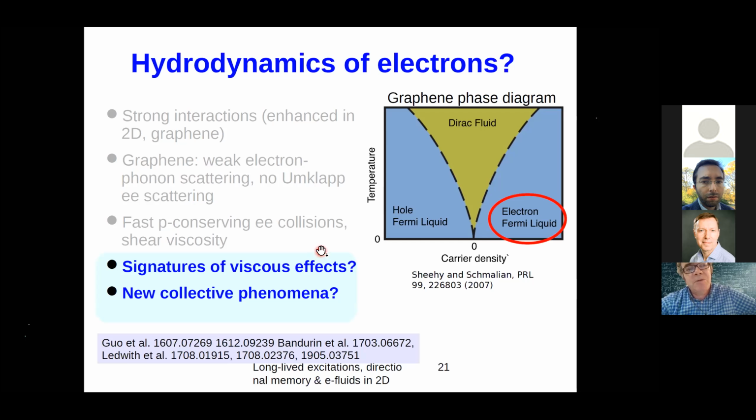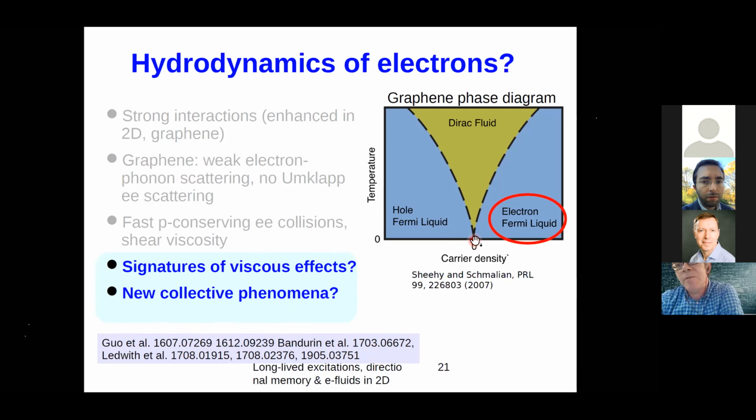What people like myself and other people working on two-dimensional hydrodynamics were interested in is what the signatures of viscous effects are and what the new collective phenomena in this regime are. There are quite a few papers that we published, and they're here. In graphene there are also several different regimes.